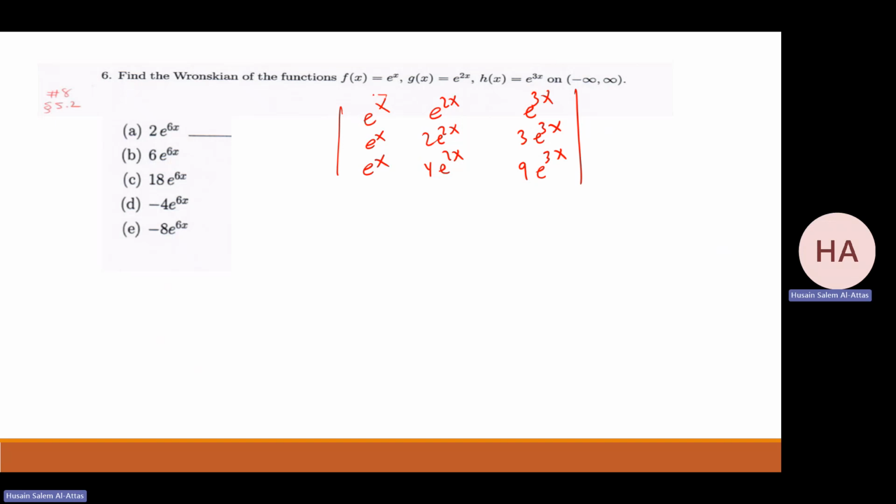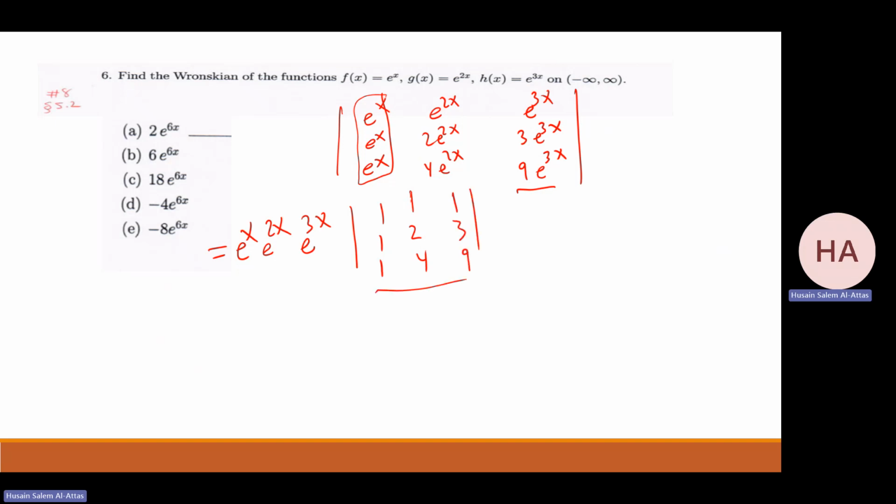So I can take e to the power x as a common factor: 1, 1, 1. And I can take e to the power 2x also: 1, 2, 4. And e to the power 3x from this column: 1, 3, 9. Now I can work this determinant, since the factor is only e to the power 6x. Who cares?